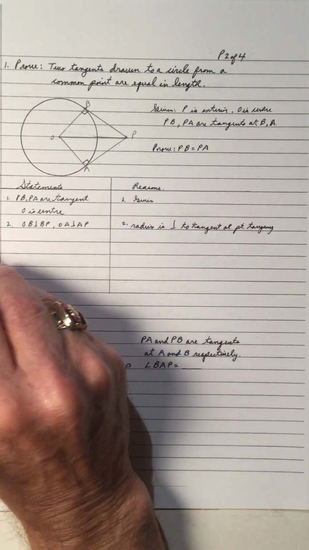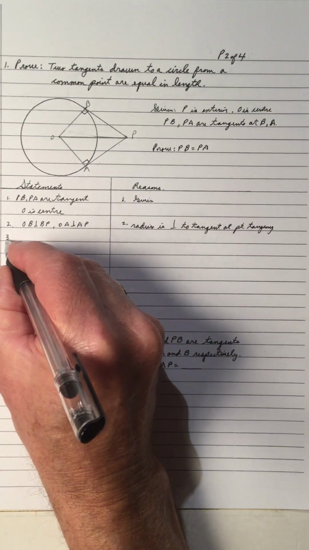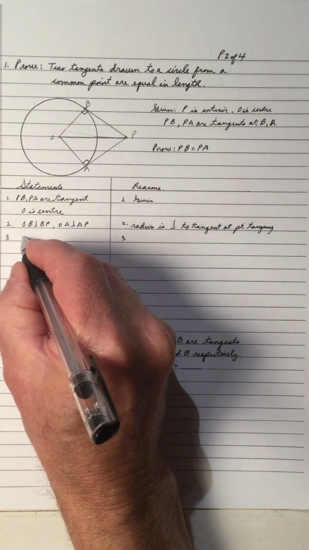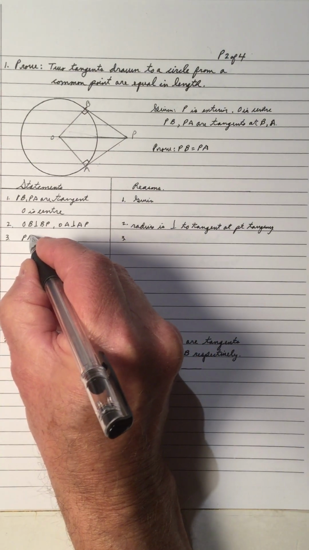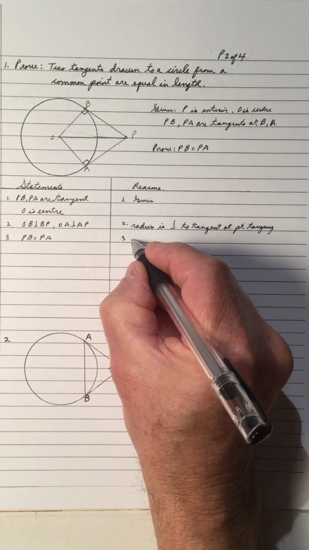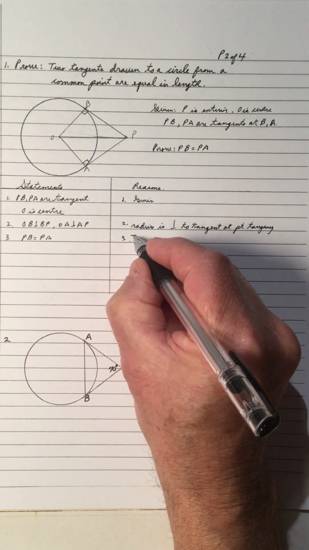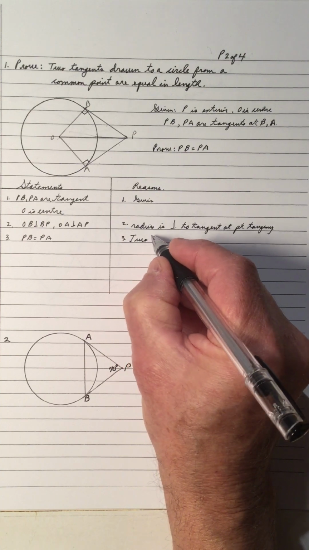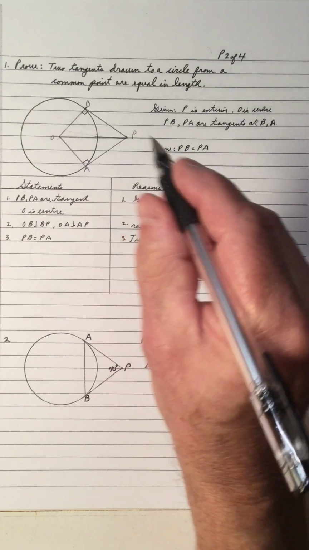Okay, let's continue. Oh no, PB equals PA is what I have to prove.